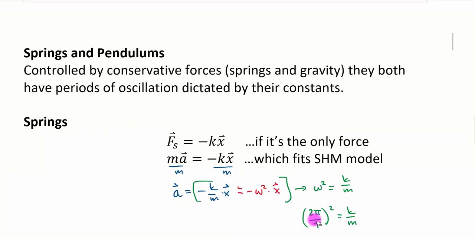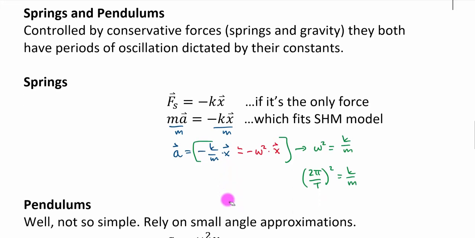So we make that substitution, and if we do a little bit of simplification in algebra, we end up with period equals 2 pi square root m over k. And that's the period of a spring oscillator.